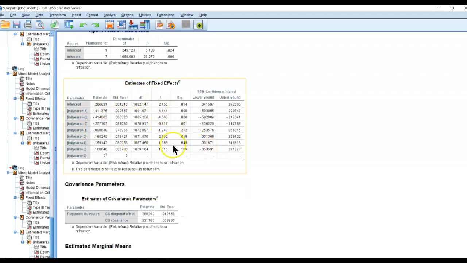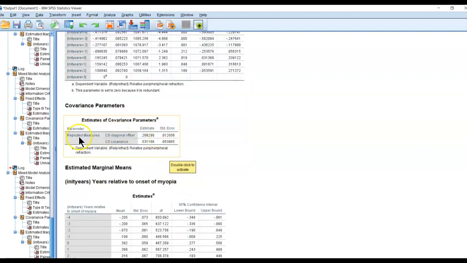The next thing in the estimate of the fixed effects is this regression model. It's an intercept plus a parameter for each year up until the positive 3 years, which serves as the reference point. So for 4 years prior to onset, the average relative peripheral refraction is minus 4.4 diopters less than the plus 3.